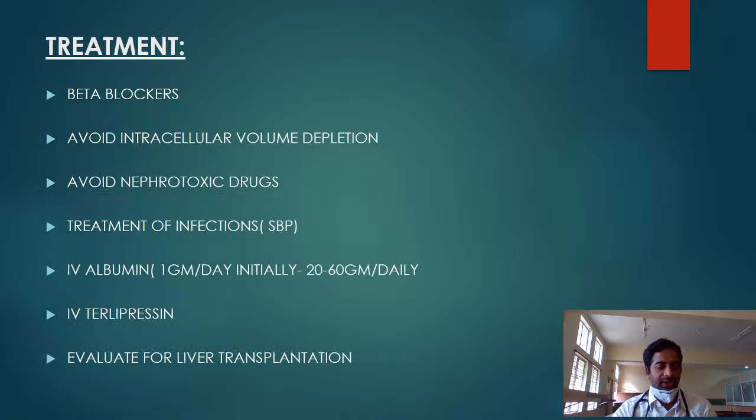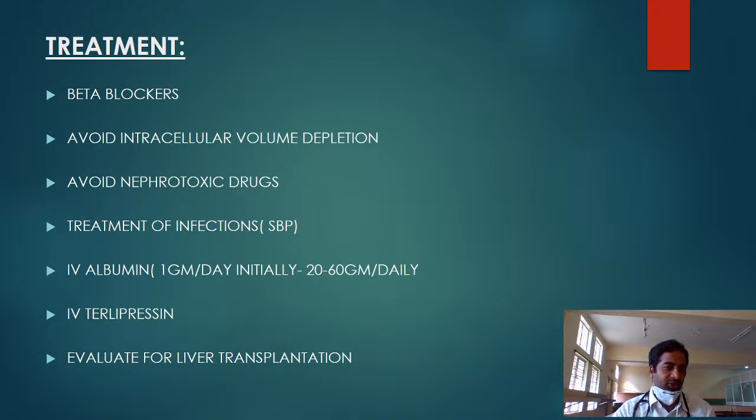Okay, so treatment: beta blockers, mainly to prevent further upper GI bleed, prophylactic. Then avoid intravascular volume depletion. Avoid nephrotoxic drugs, very important. So avoid drugs like NSAIDs, ACE inhibitors, ARBs. Then treat the infection, like if the patient has SBP, give third-generation cephalosporins.